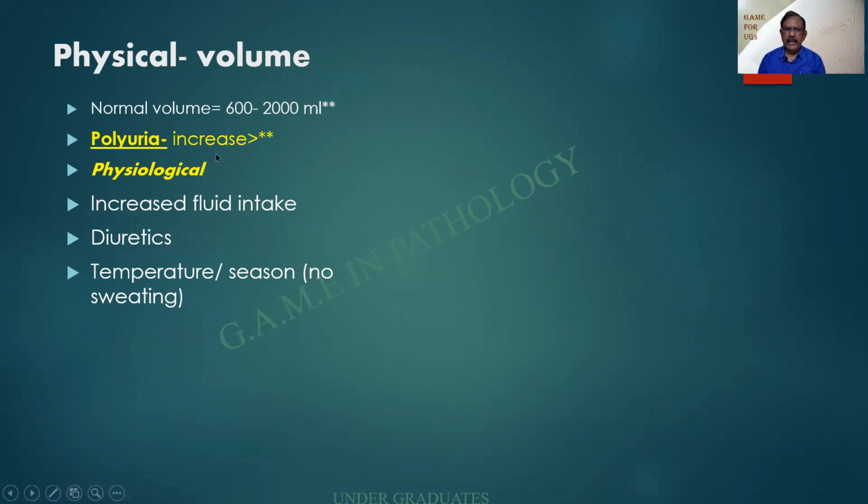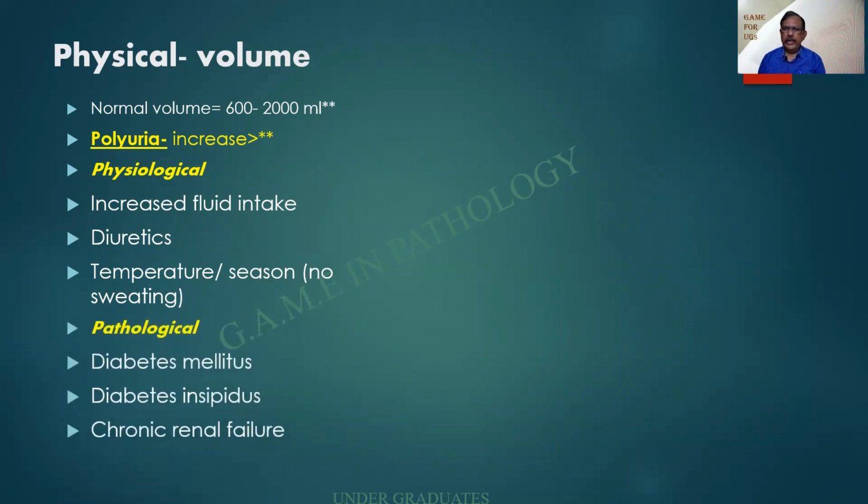Polyuria is a marked increase, persisting at 2000 ml or above. It can be physiological, such as in a case of increased fluid intake, obviously. Temperature: in cold weather, there can be a frequency of urination because there is no sweating. When the patient is on diuretics, all these will cause a physiological polyuria.